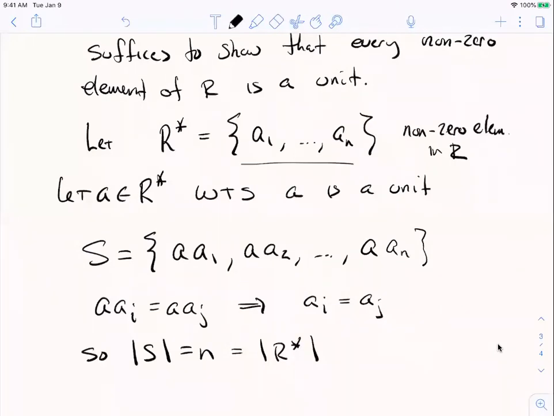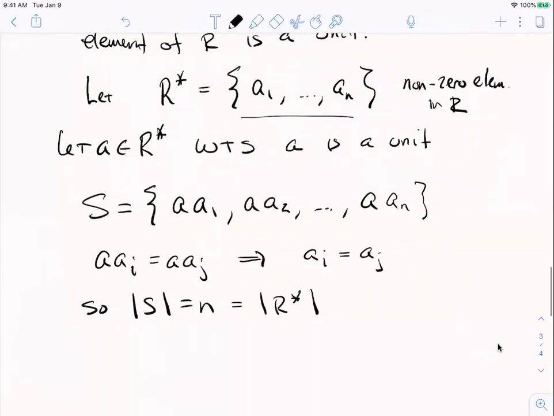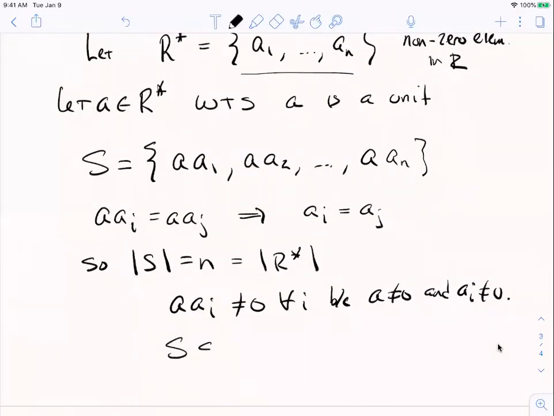No element in that set is 0. A times AI is not 0 for all I, because A isn't 0 and AI isn't 0, and this ring has no zero divisors. So that means that S is a subset of R star.